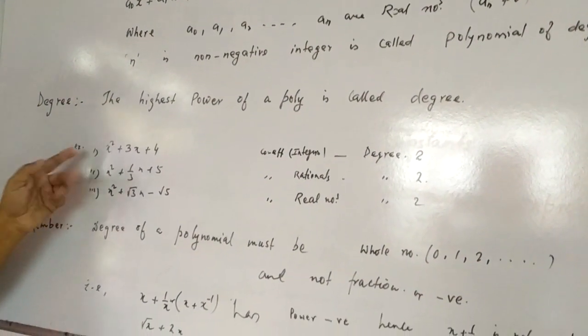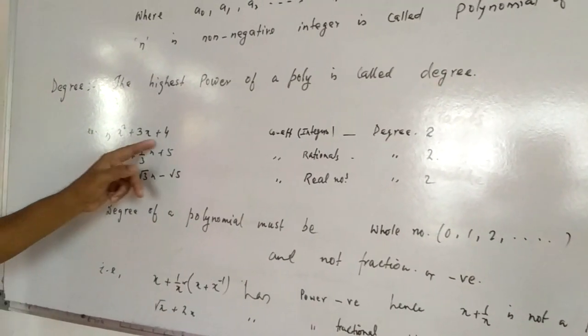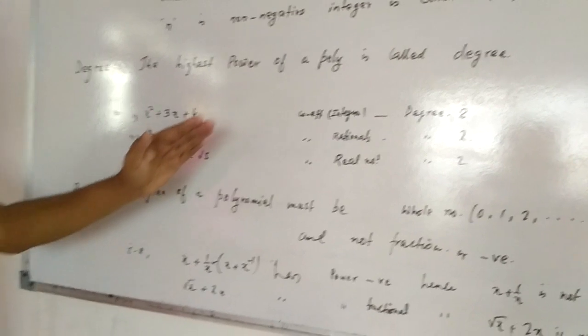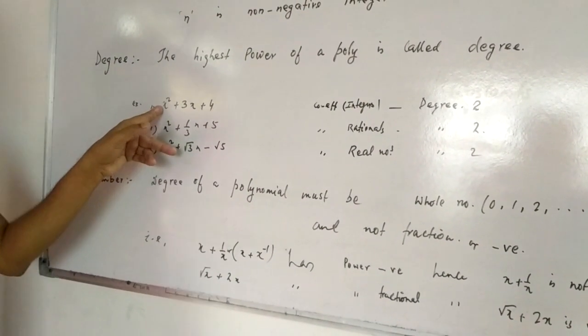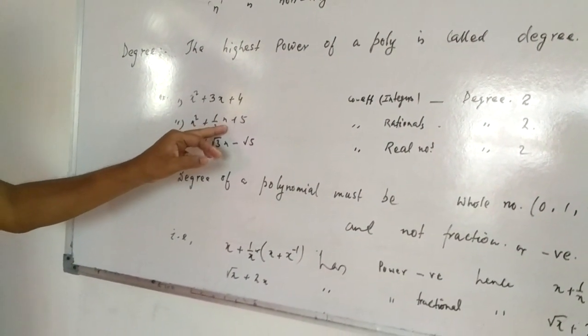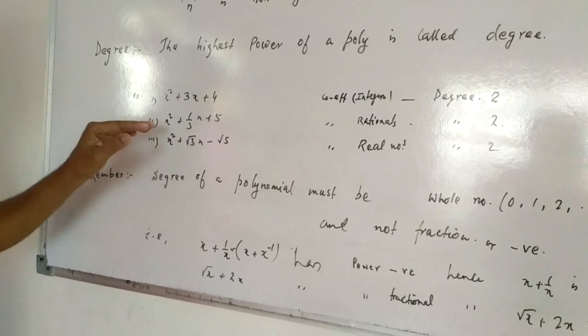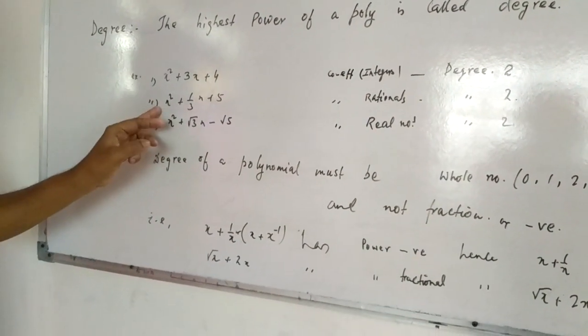Consider a few examples here. x square plus 3x plus 4. Here the coefficients of each term are integers, and the highest power is 2 on x. Hence degree is 2. x square plus 1 upon 3 x plus 5. Here the coefficients are rational, but degree is 2.